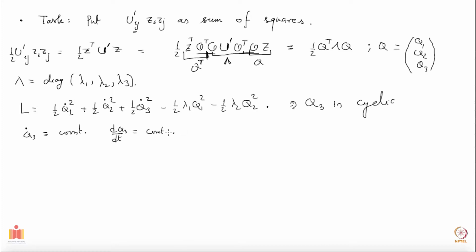That's one thing. And if you look at the Lagrangian, apart from the appearance of q3, which we will talk about later, it's trivial actually. What you have is a sum of two harmonic oscillators, which I mentioned last time. These two together form a harmonic oscillator, and these two form another harmonic oscillator, with frequencies given by omega 1 square is lambda 1 and omega 2 square is lambda 2.